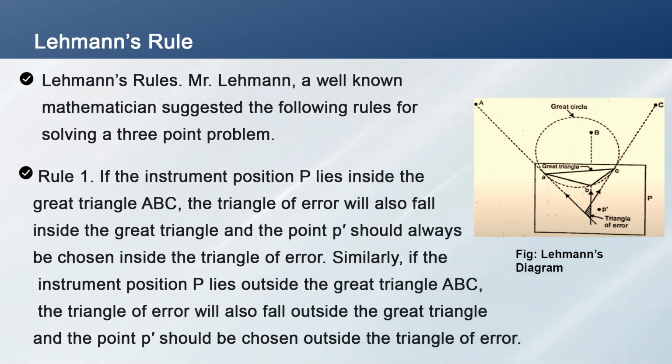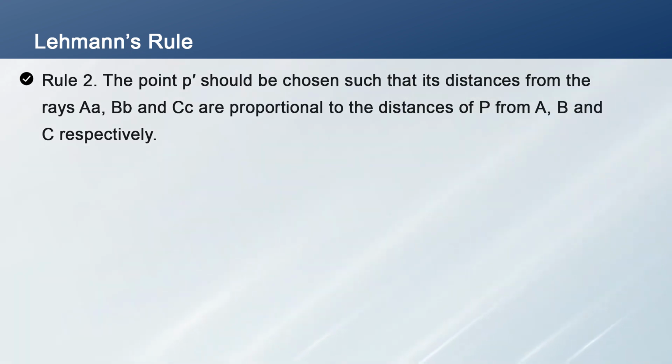Rule number 2: the point P dash should be chosen such that its distances from the rays capital A small a, capital B small b and capital C small c are proportional to the distances of P from capital A, B and C respectively.